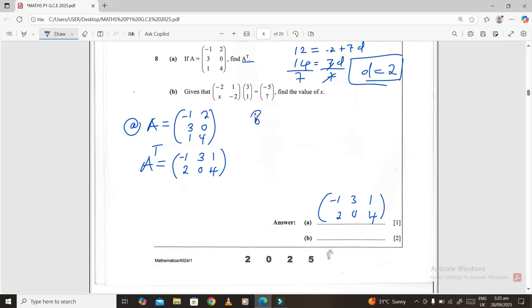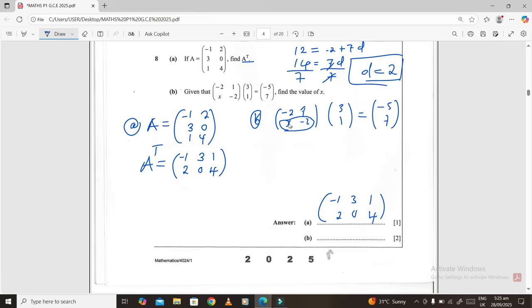For question B, they have given us negative 2, x, 1, negative 2, and everything is being multiplied by 3, 1, which is equal to negative 5 and 7. So without wasting our time, just get this row, multiplied by this column right here.